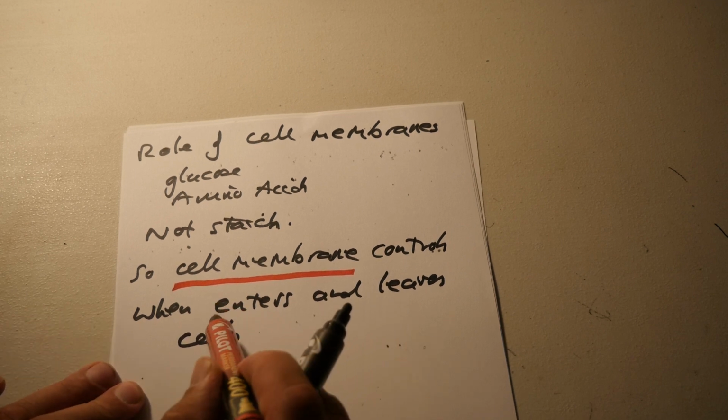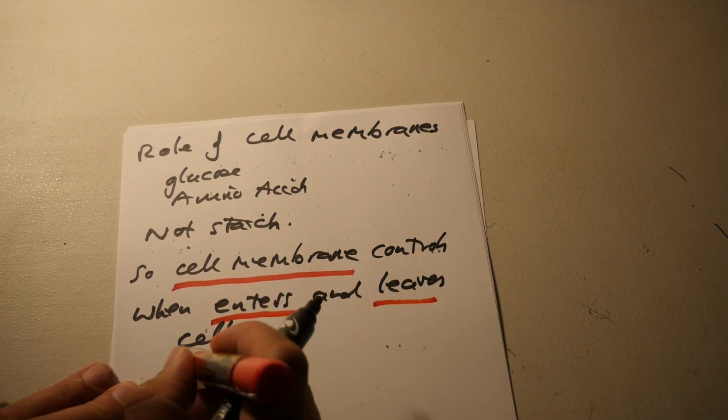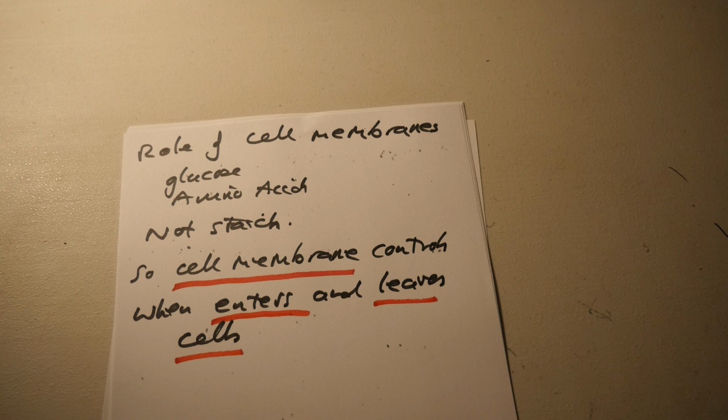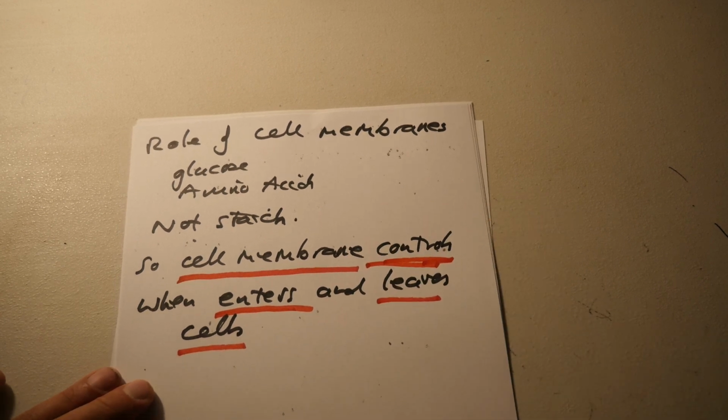The cell membrane does that. It controls what enters and what leaves the cells.